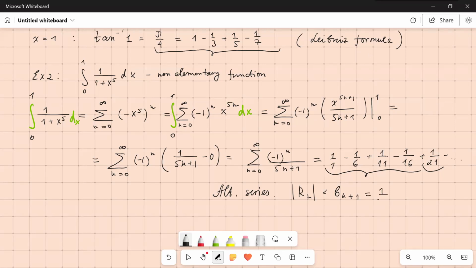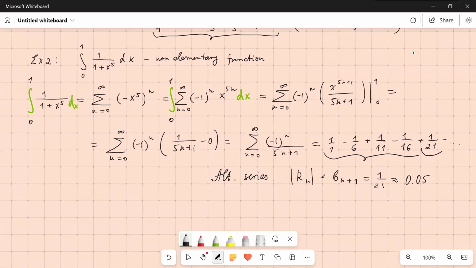This term, 1 over 21, is approximately 0.05. It's a little bit less actually. But if I count only 4 terms, which is not difficult with a calculator and much easier than numerical approximation, I'm going to get very good accuracy, at least 1 digit after the decimal point.